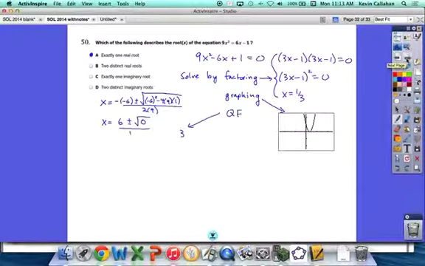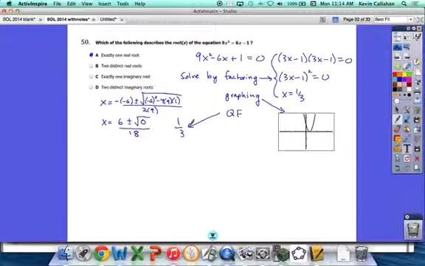And the last one, when it's asking you how many and what kind of solutions or roots you get for a quadratic, you could think of it like the quadratic formula. Remember that in the quadratic formula, this part right here is called the discriminant.